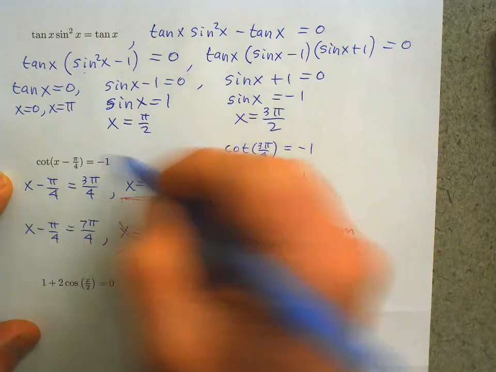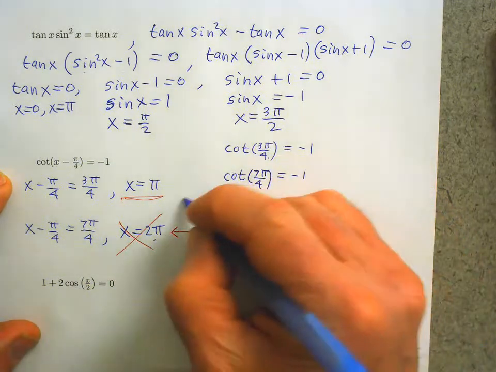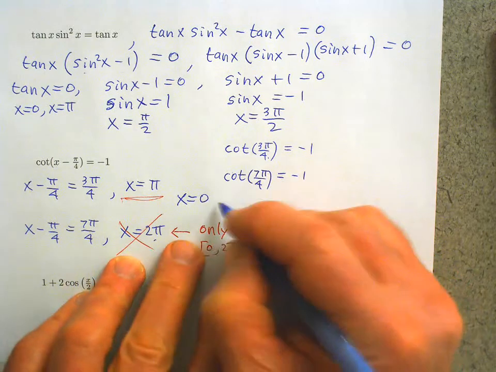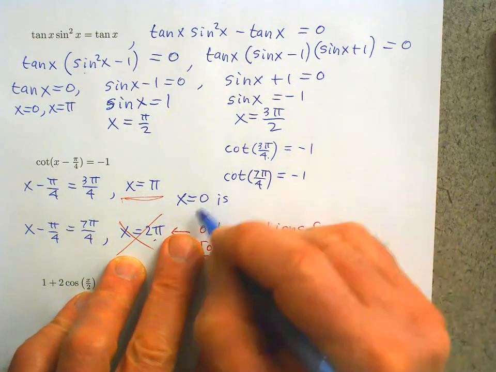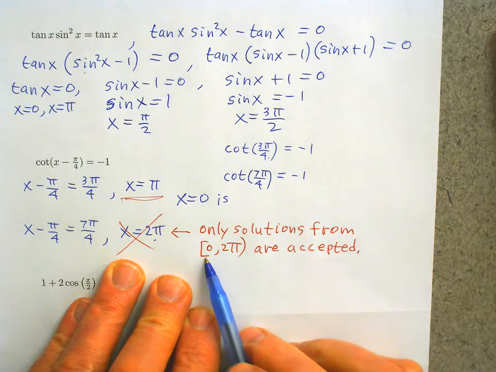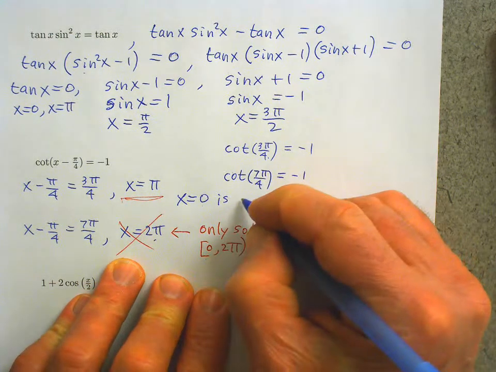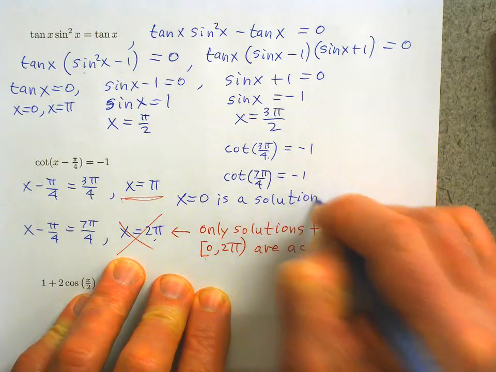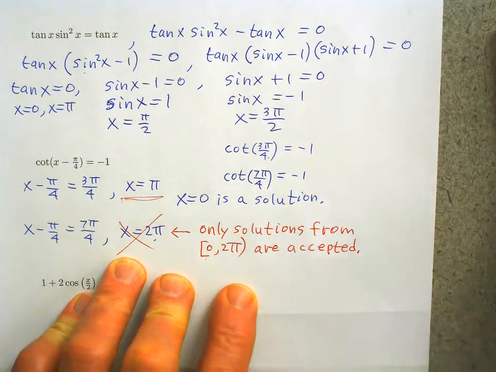So this might seem tricky. X equals 0 is a solution. 0 is in the interval from 0 to 2 pi, including 0. X equals 0 is a solution. So why is that?